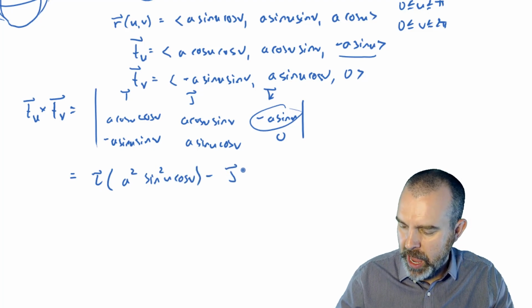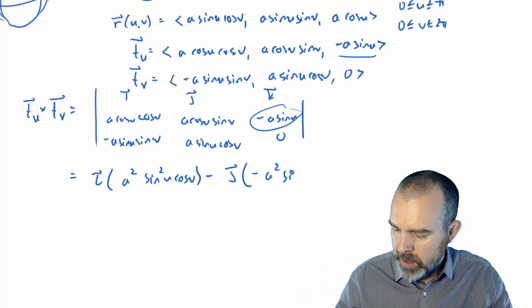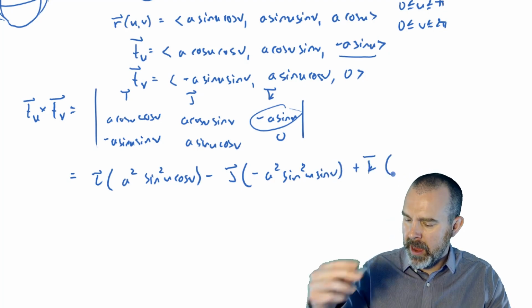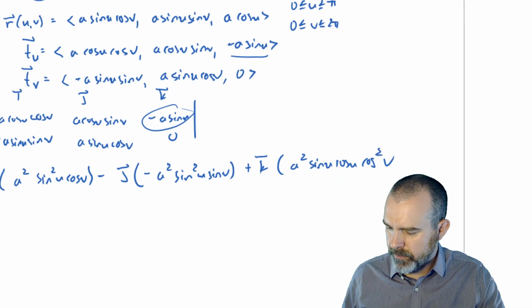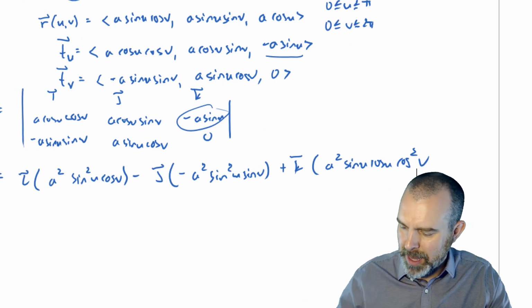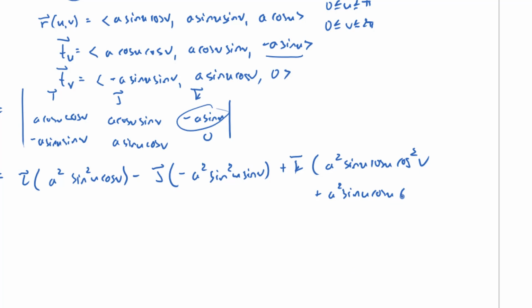Minus j times another 0, and this one will still be minus a squared sine squared u sine v, plus k, and then a squared sine u cosine squared v, and then minus actually becomes plus a squared sine u sine squared v.